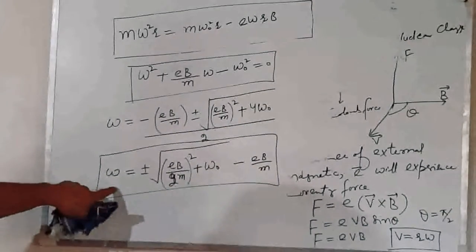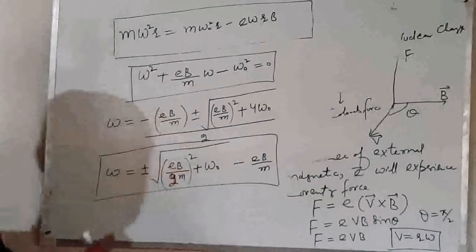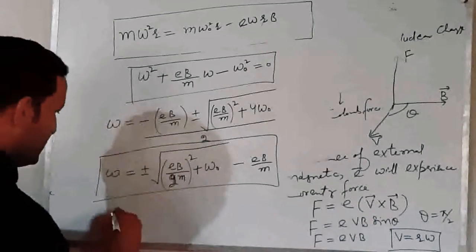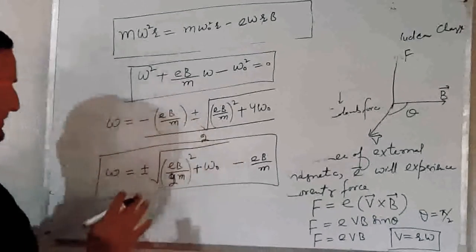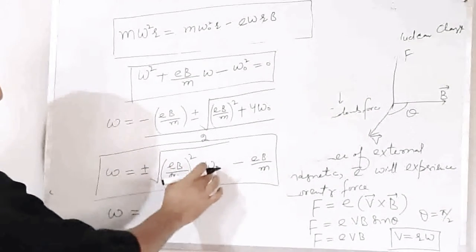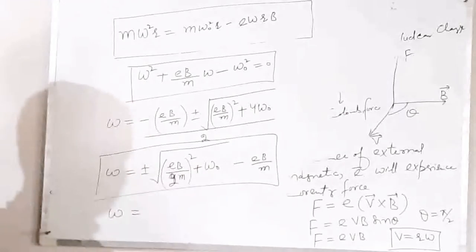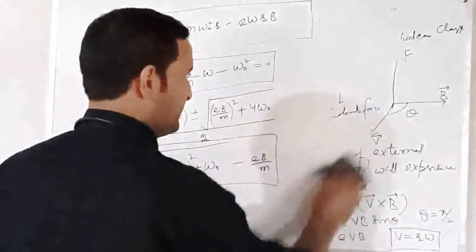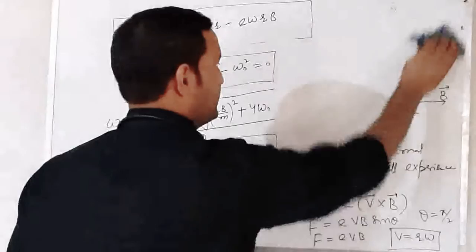So this equation will give us omega, where omega naught is the angular frequency of the electron in the original state, and omega is the frequency in the presence of magnetic field.